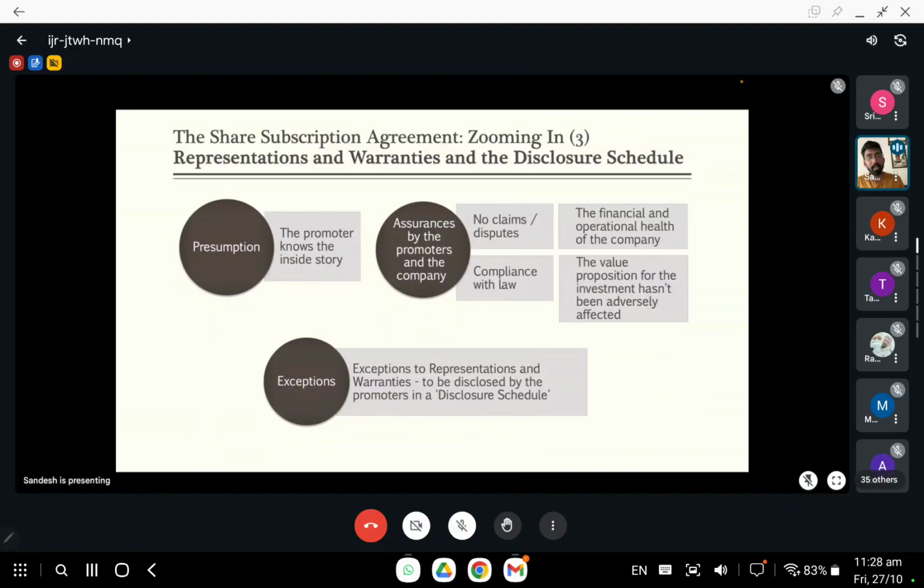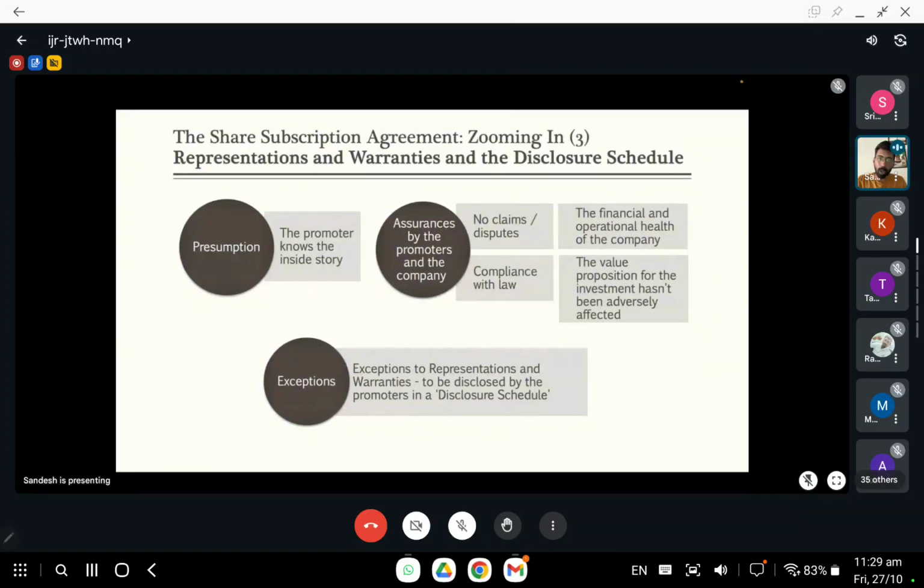I don't have anything prohibiting me from doing the business as I'm doing currently. All the things that you take for granted, all the basic assumptions that you make or want the investor to make before investing in the company, are all translated into the section called the representations and warranties.